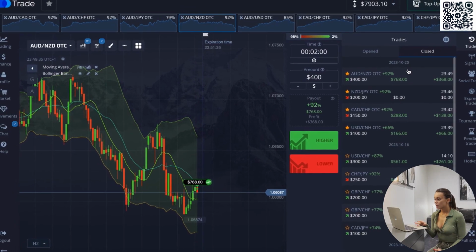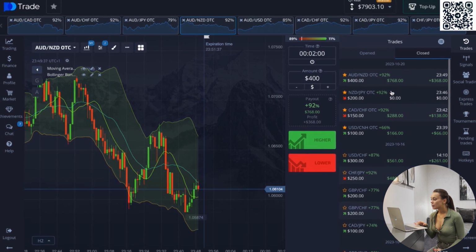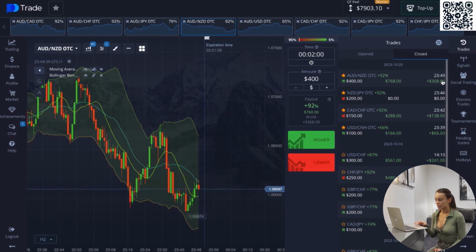Excellent result. So let's read what amount I have to put up on the fifth transaction.